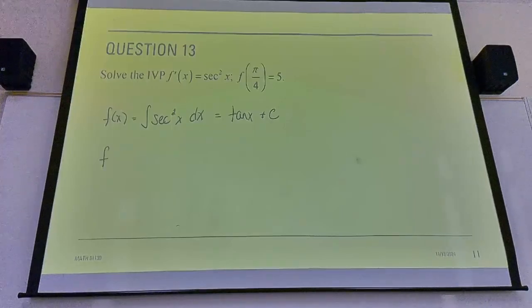In this case, it's not really an initial value, and we just apply the condition. They still call it an initial value problem, even though we're not using the quote-unquote initial. Now, you typically think of initial as 0.